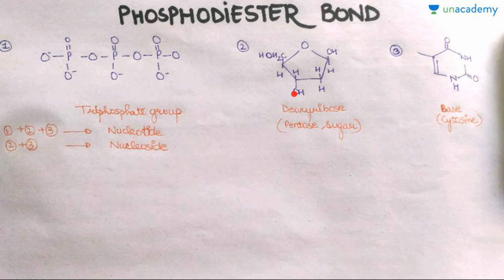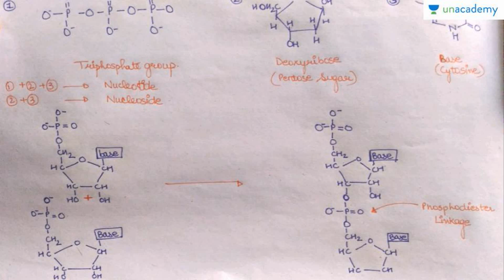Now let's move on to the actual bonding. Okay, now I have a nucleotide here. We've got the phosphate group here. Only one phosphate, one P remains here, and the rest 2 are given out in the form of pyrophosphate. So only one P contributes to the bonding. Here we've got a phosphate, here a pentose sugar, and here the base. So we've got a nucleotide here.